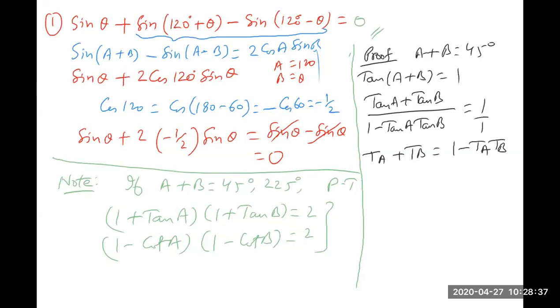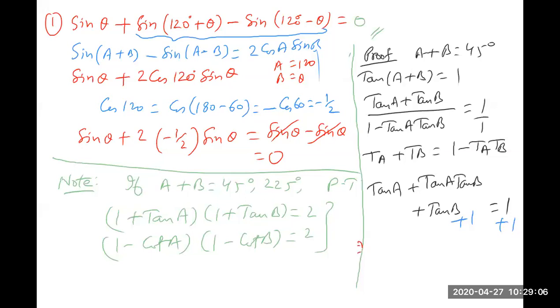Now this we have to solve. So for solving this, what we will do: tan A plus tan A tan B, transferring this side, plus tan B is equal to 1. Now the important thing in this: I will add 1 on both sides, plus 1, so that I can factorize. So now I can take tan A common.